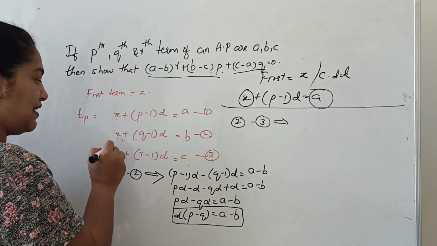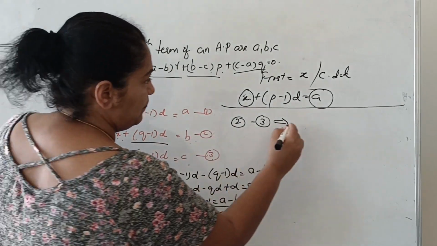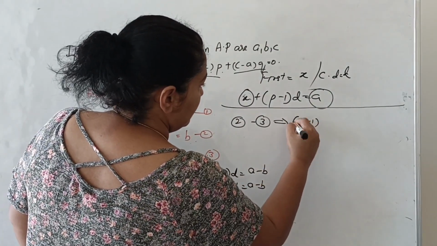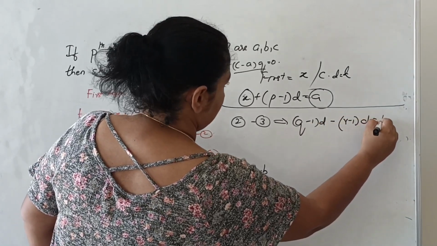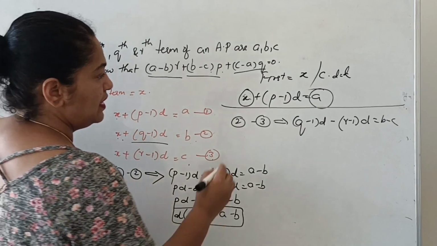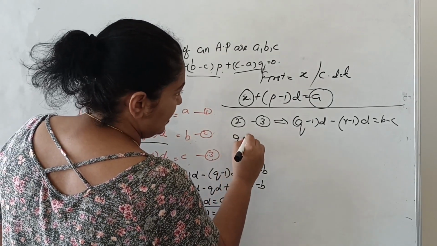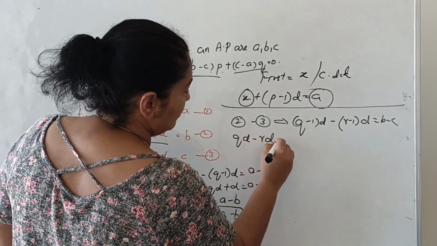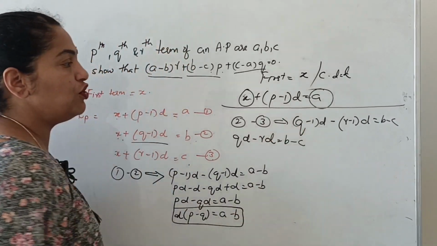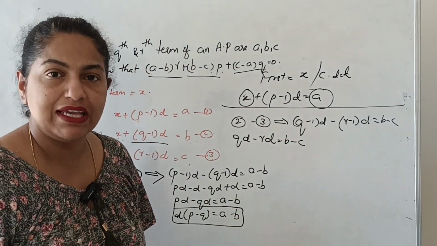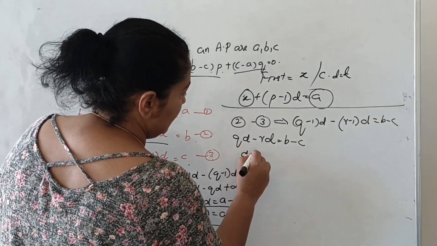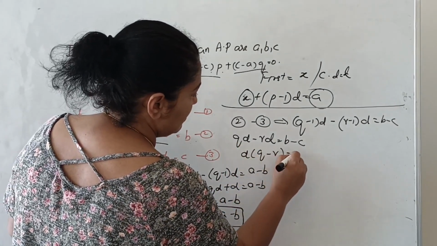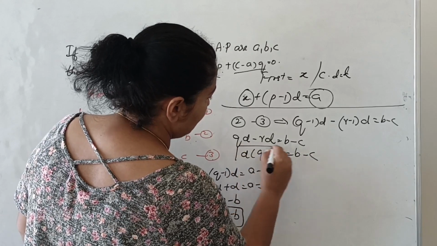LHS minus LHS, x and x will get cancelled. So, b minus c. I am going to open the bracket, and when you open the bracket, you can see that d will get cancelled out just like the way it got cancelled out here. So, d into (q minus r) is equal to b minus c, that is our second one.